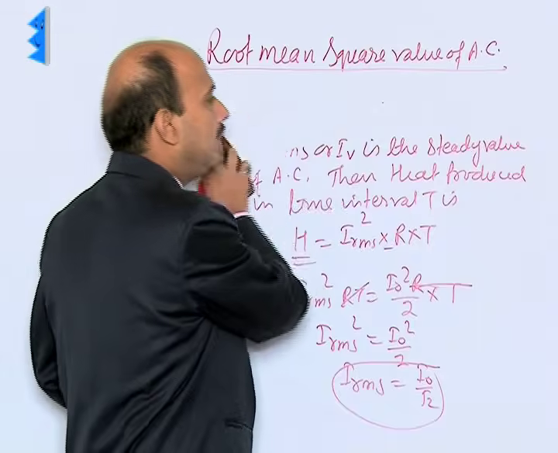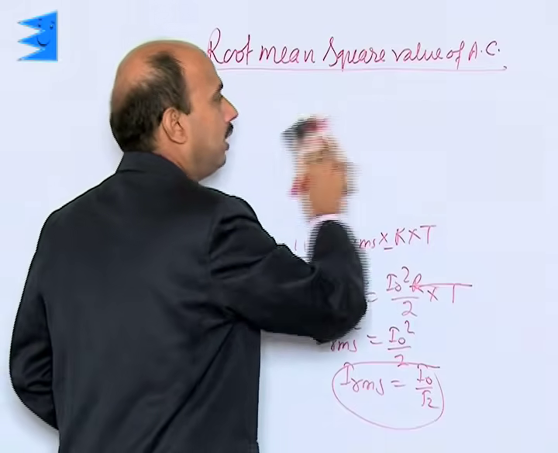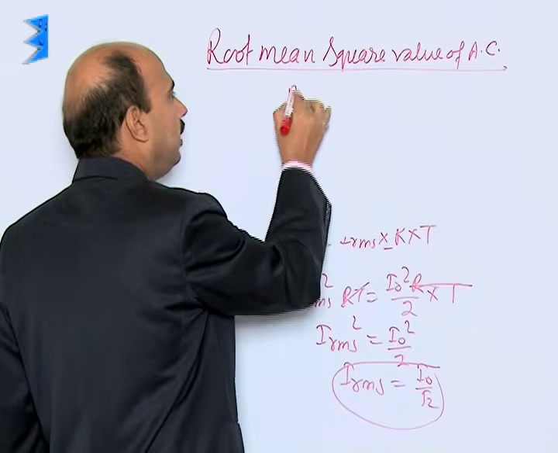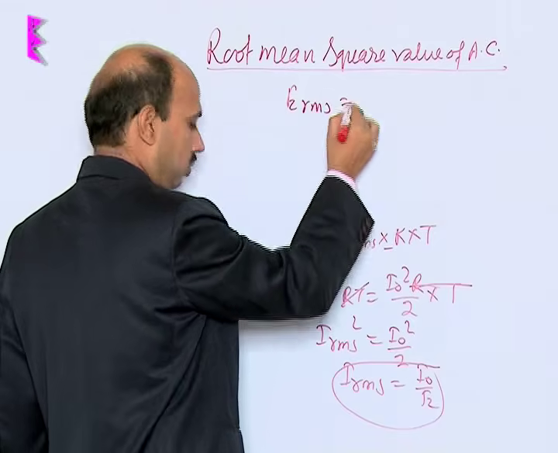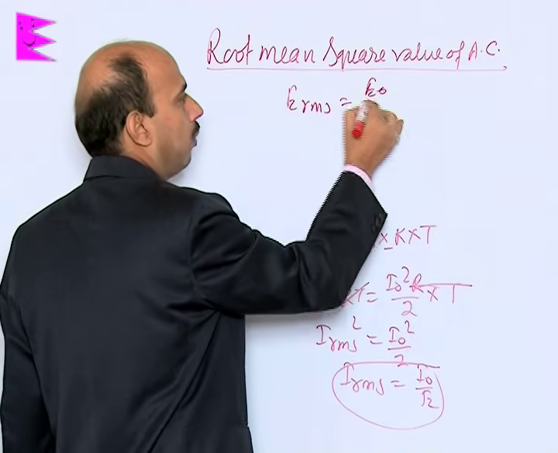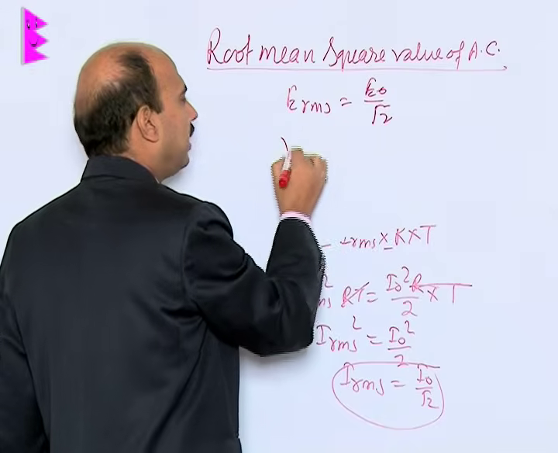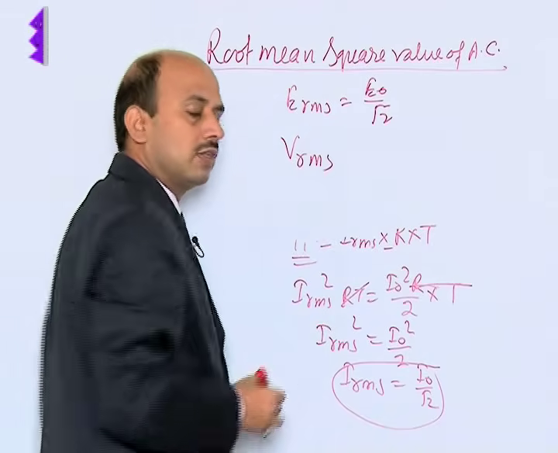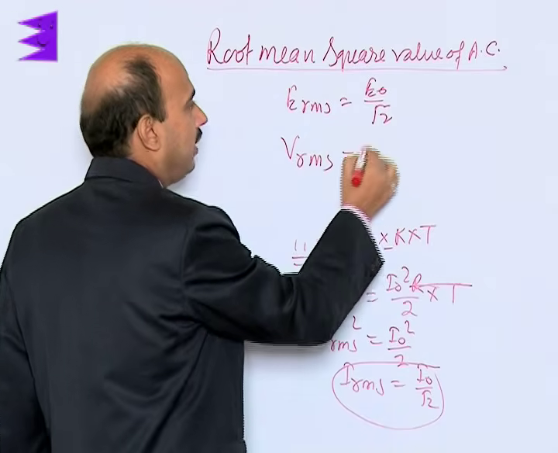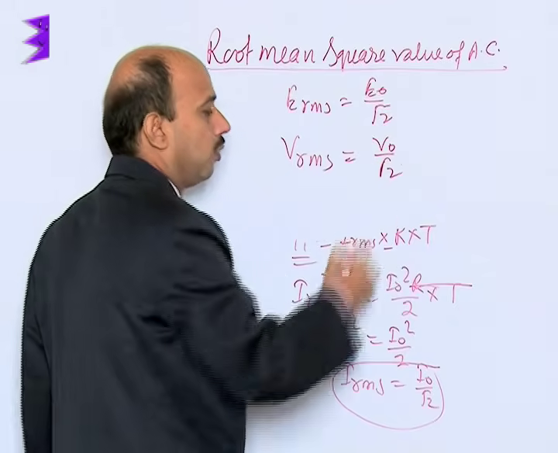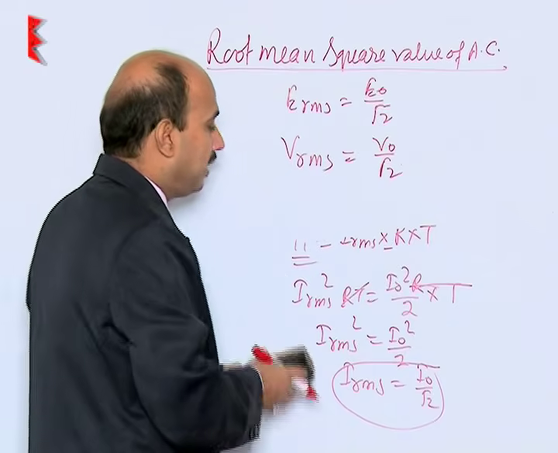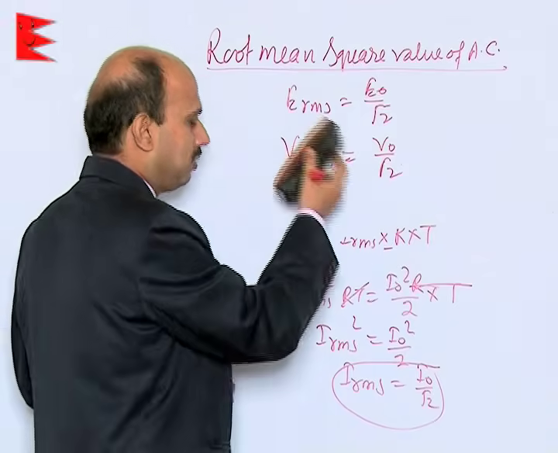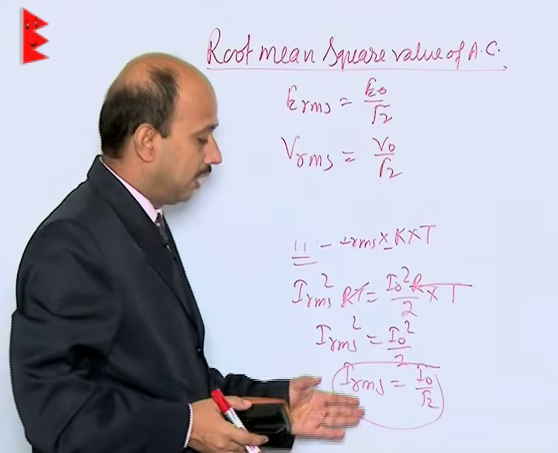And similarly we can calculate E RMS is equal to E naught upon root 2, and sometimes it is written for the potential difference V RMS is equal to V naught upon root 2. So whether you write E RMS or V RMS, it is the same thing, and likewise I RMS.